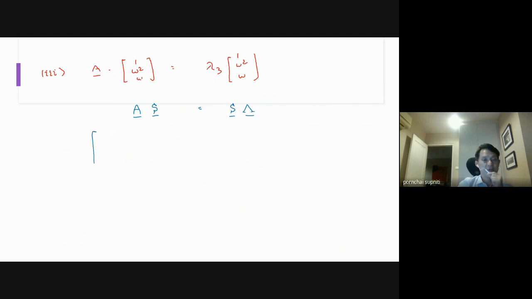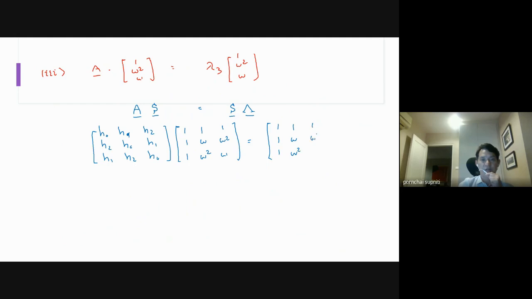For example, for the 3 by 3 matrix, which is H0, H1, H2, then H2, H0, H1, and then H1, H2, H0, we can multiply with the eigenvectors, which are 1, 1, 1; 1, omega, omega squared; and 1, omega squared, omega. This will be equal to the same eigenvector matrix multiplied with the three lambdas.